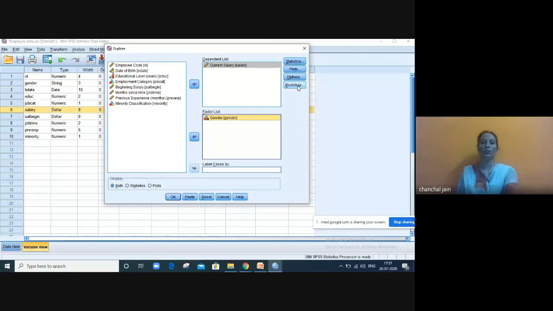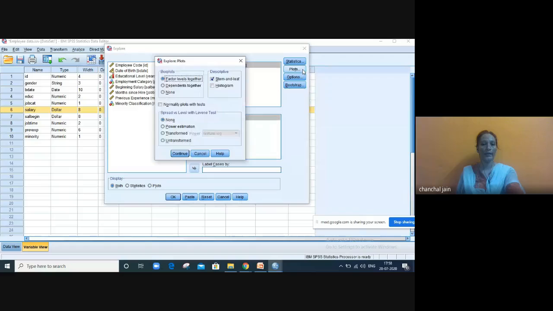Now, to check the normality, although we have seen this yesterday, I hope you all have in mind how we can check the normality. We need to click on the Plots button, and here the box plot will give you the outliers exposure, and normality plots with tests will give you both the numerical and the graphical methods of normality.